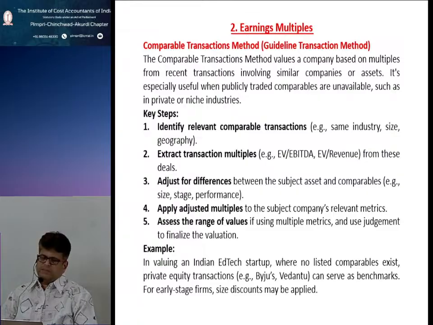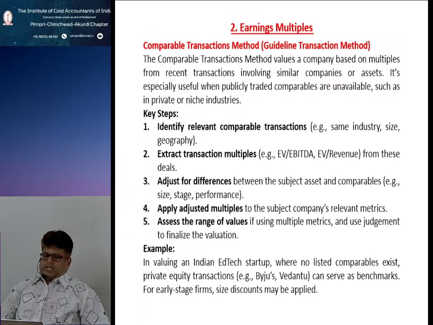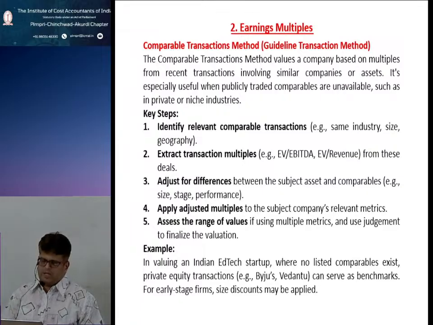The key steps involved in CTM, or comparable transaction method, are: identify relevant comparable transactions, for example same industry, size, geography. Extract transaction multiples, for example EV divided by EBITDA or EV divided by revenue from those deals.